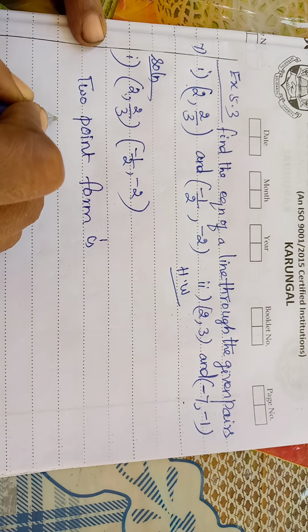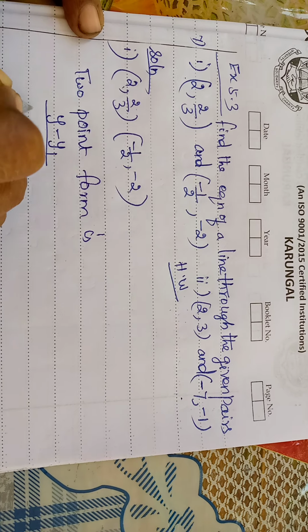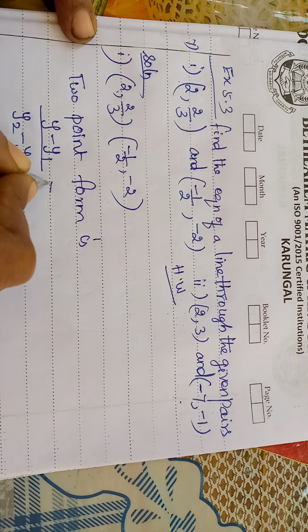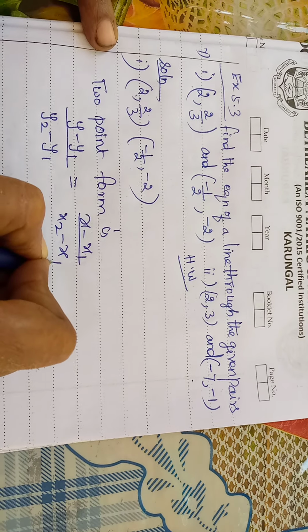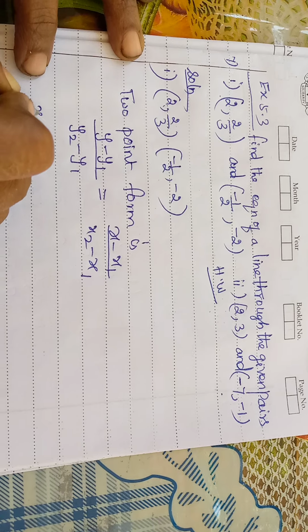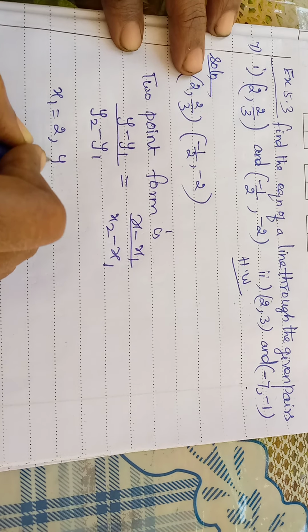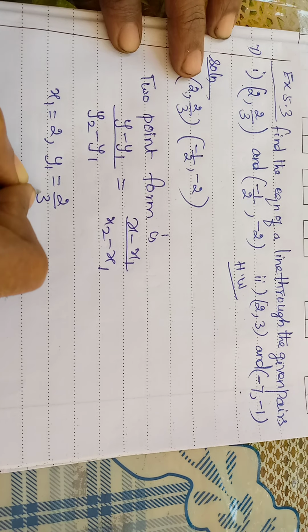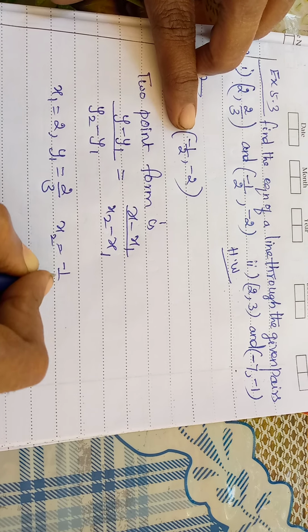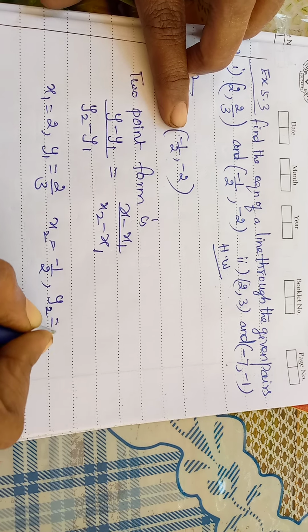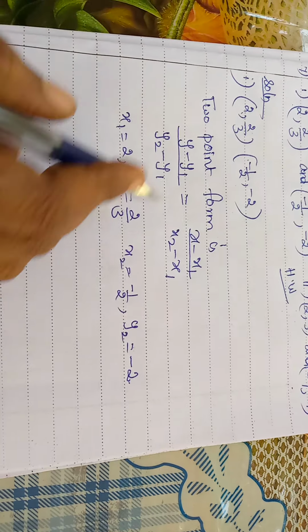what is the formula? Can you say (y minus y1) by (y2 minus y1) equal to (x minus x1) by (x2 minus x1). Okay, here x1 equal to 2, y1 is equal to 2 by 3 and x2 equal to minus 1 by 2, y2 is equal to minus 2. Okay, let us substitute these values.